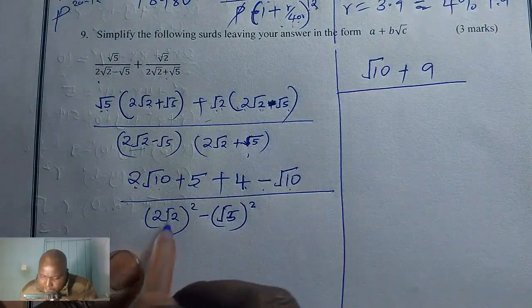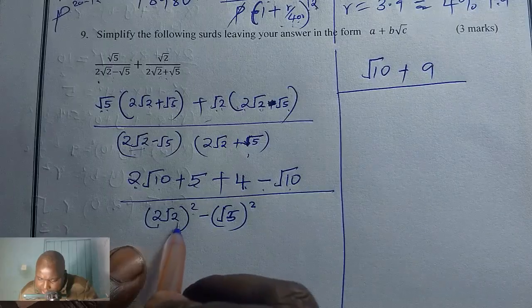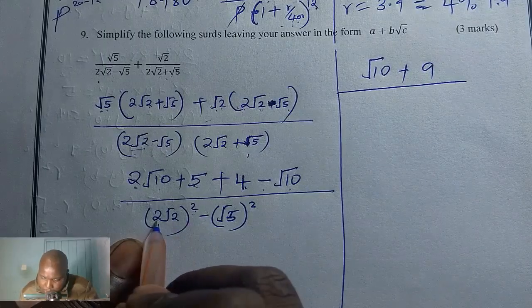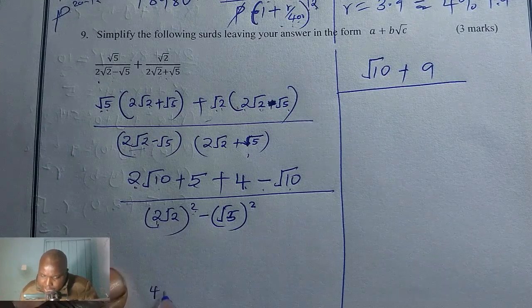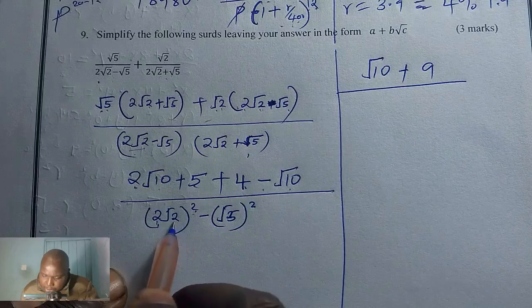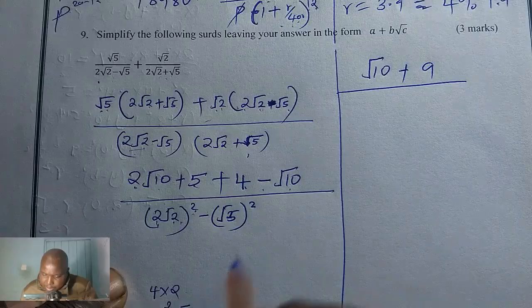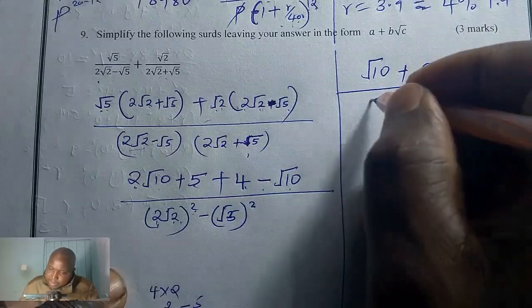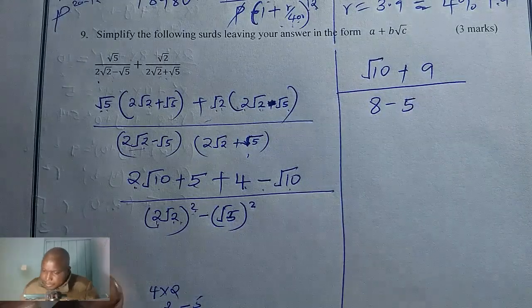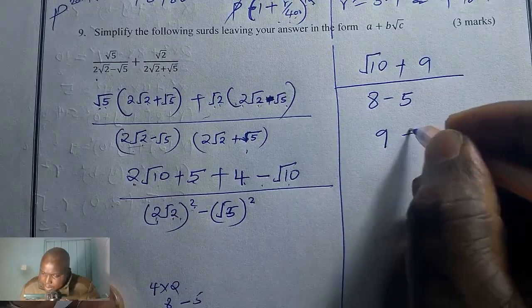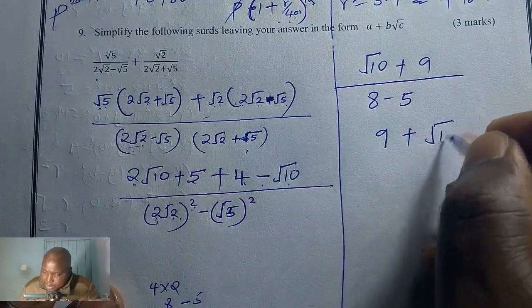So this one, the denominator, you square everything. 2 squared, that is 4, times 2, that is 8, minus 5. This is 8 minus 5. So we can rearrange this one, that is 9 plus root 10 over 3.